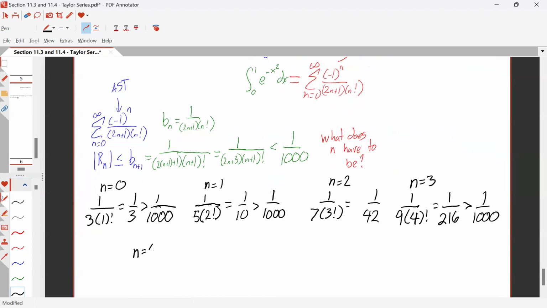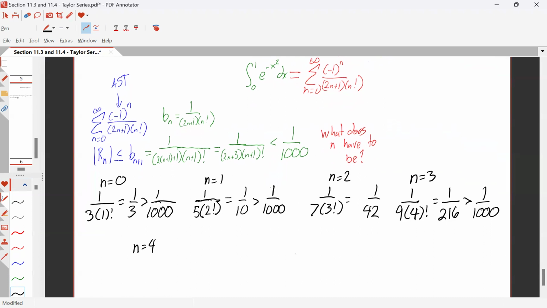And when n equals 4, we have 1 over 11 times 5 factorial. That is 11 times 120.